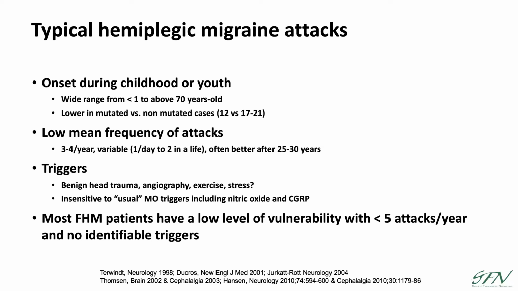In patients with hemiplegic migraine, the attacks are related to the mutation the patient is carrying, and it is the aura that starts all alone or because of benign head trauma or stress, and then the headache is triggered by the aura phase. So most familial hemiplegic migraine patients have a low level of vulnerability with less than 5 attacks per year and no identifiable triggers.